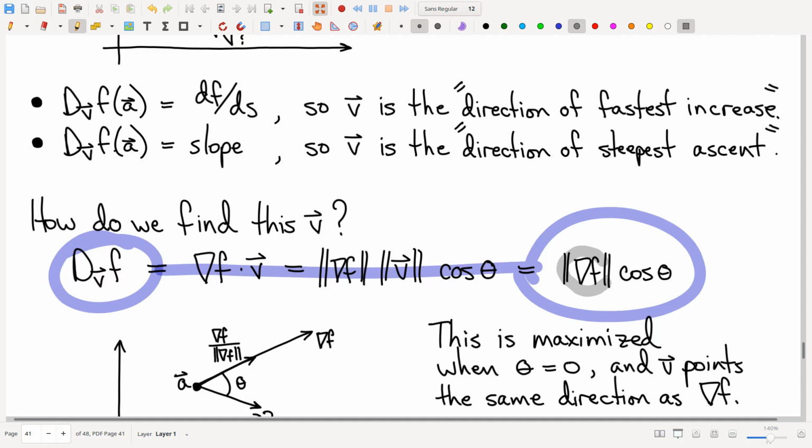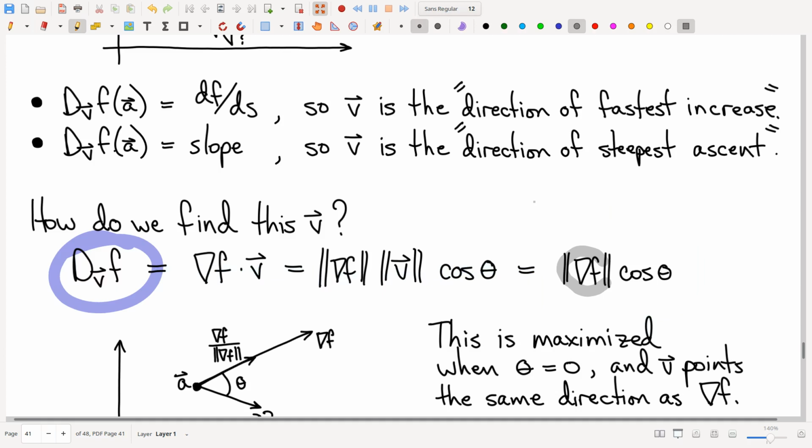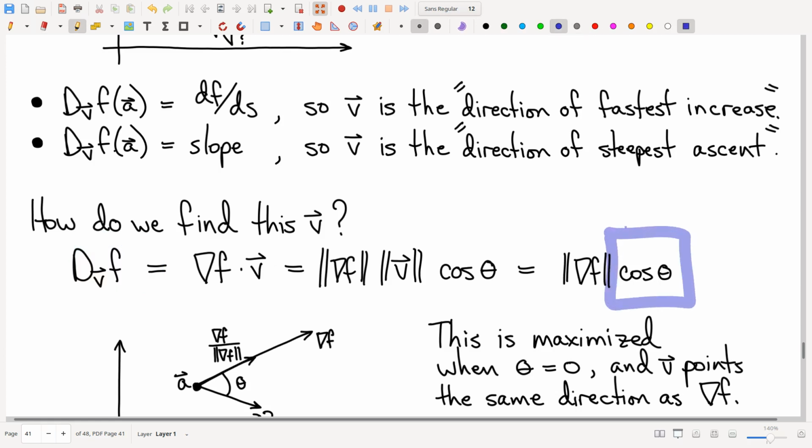The gradient only depends on where you are. It doesn't depend on which direction you're looking. It doesn't depend on what you're contemplating, right? So that's not changing at all. So that's a constant. So if you want to maximize your directional derivative, you can do so just by maximizing cosine theta.